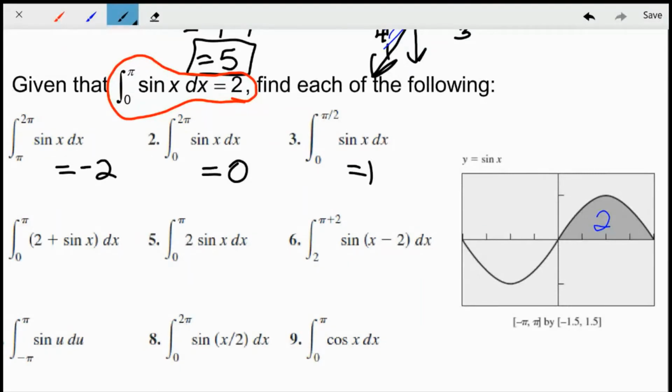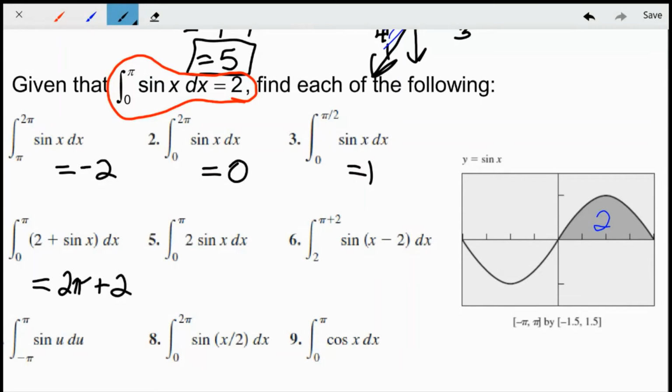There are 2 ways to approach this. One is to think of it as a rectangle plus the area that I have. The rectangle would have a height of 2, and it would have a base of pi units. So in the end, I'm going to get 2 pi plus 2.